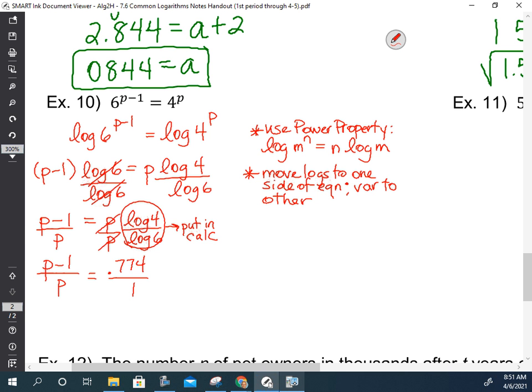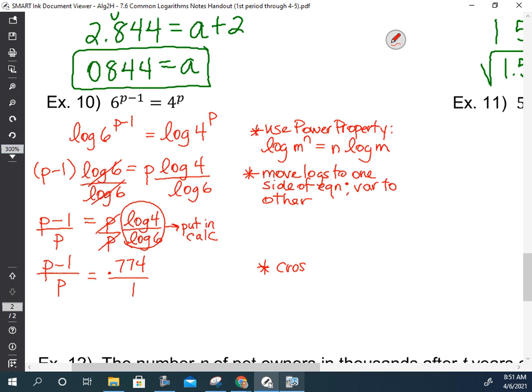Again, it's not a harder problem, it's a longer problem. And I'm probably going a lot slower than some of you need me to, but that's okay. You have the logs on one side and the variables on the other, and we put that into the calculator.